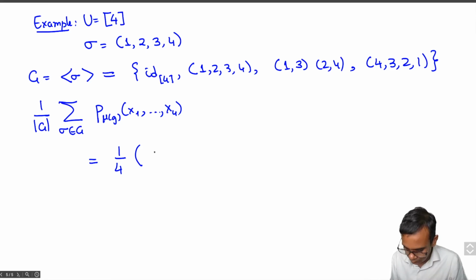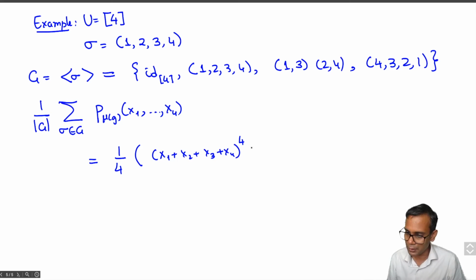So we have just x1 plus x2 plus x3 plus x4 to the power 4. That's the power sum symmetric polynomial corresponding to that. Then we have 2 terms where we have just 1 4 cycle.